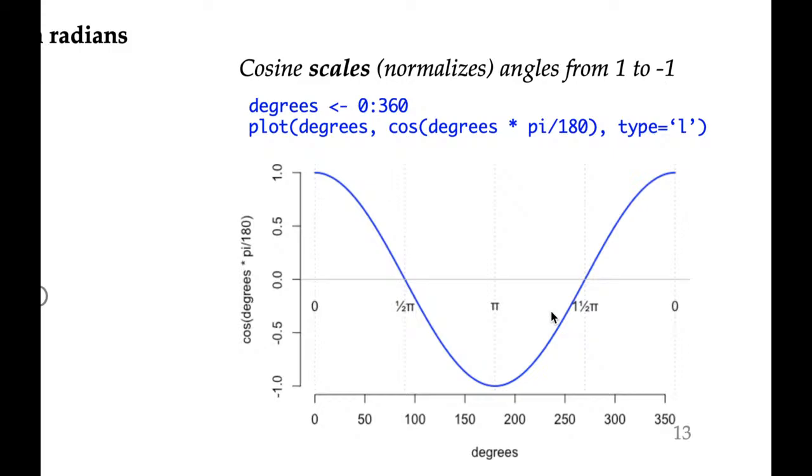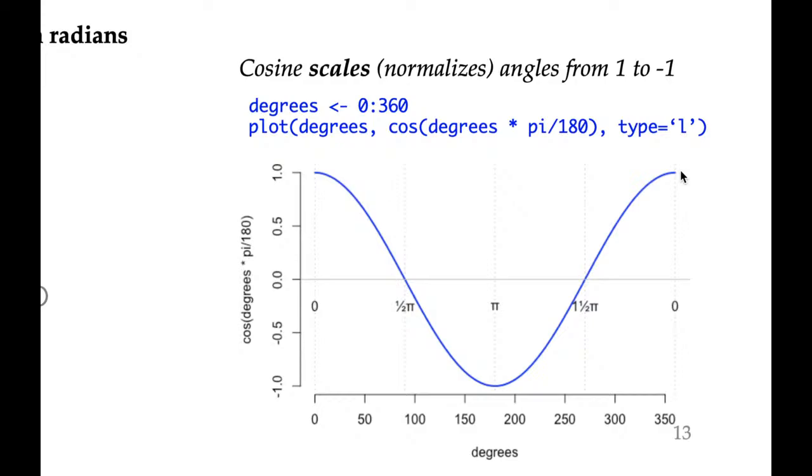You can give it any angle you want. If you take the cosine, it gives you a normalized value between 1 and -1. Whereas radians is kind of ugly. It's from 0 to 6.28. And degrees is 0 to 360 degrees.